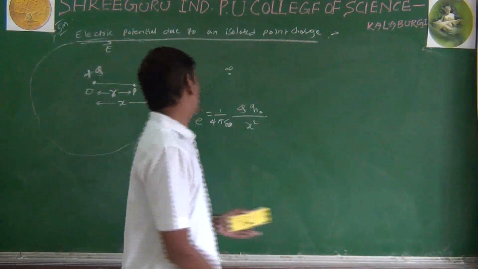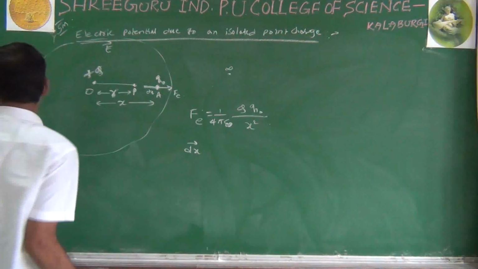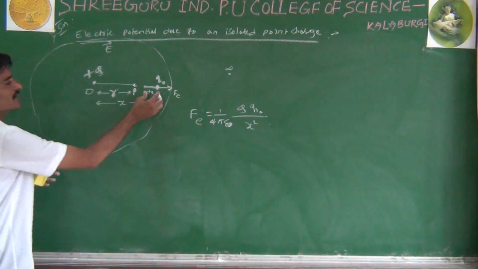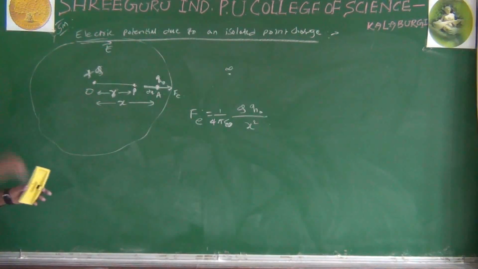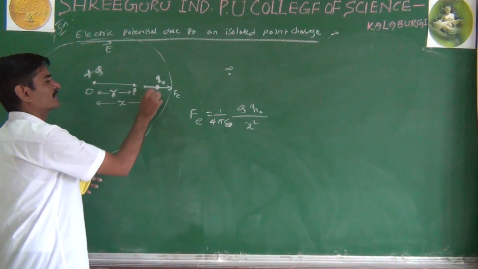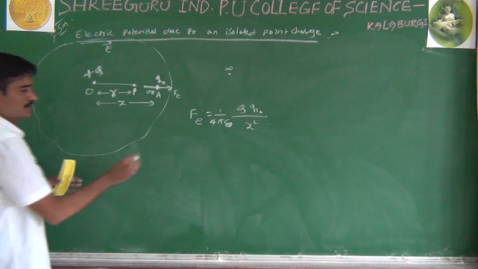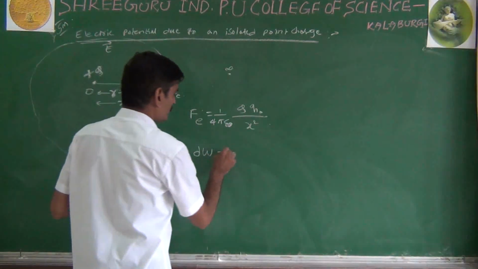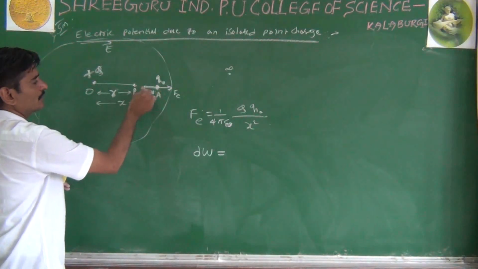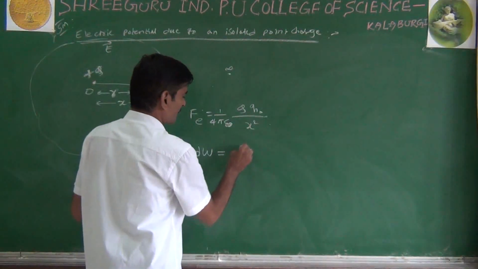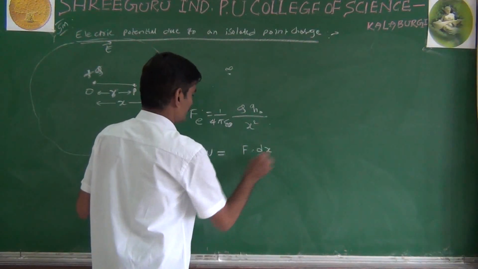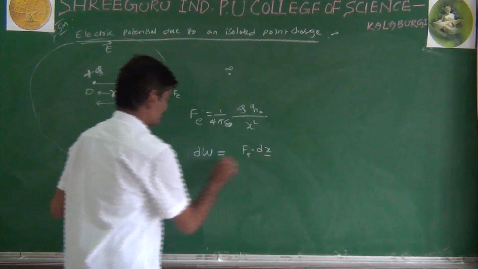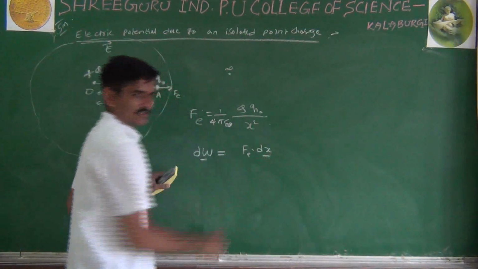Then we get the work done in moving the test charge through a small distance dx, that is a small amount of work done, given by dW. dW is equal to F into dx, that is Fe into dx. This dW is the small amount of work done in moving through a small distance dx.